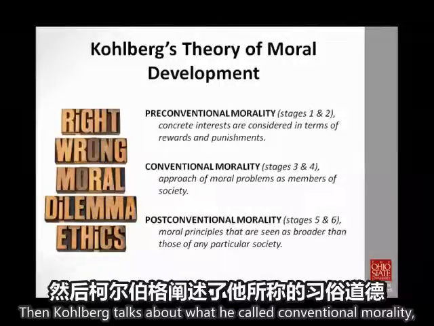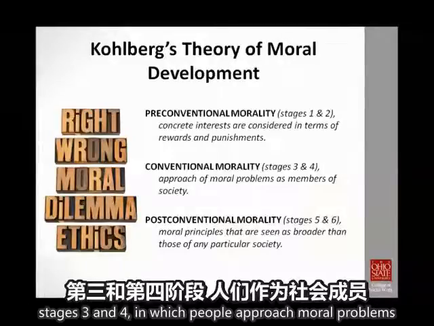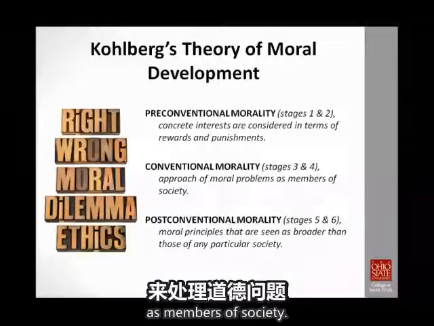Then Kohlberg talks about what he called conventional morality, stages 3 and 4, in which people approach moral problems as members of society.